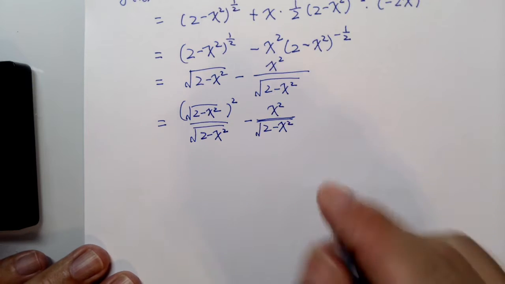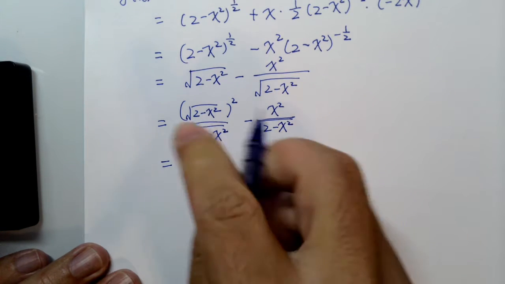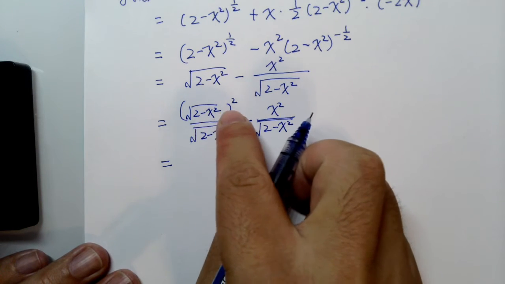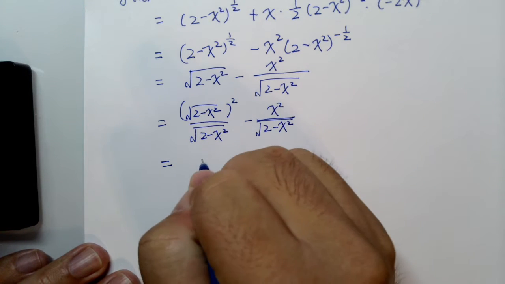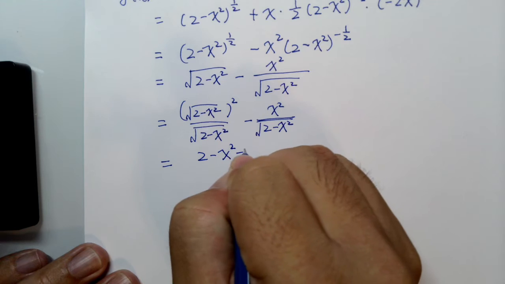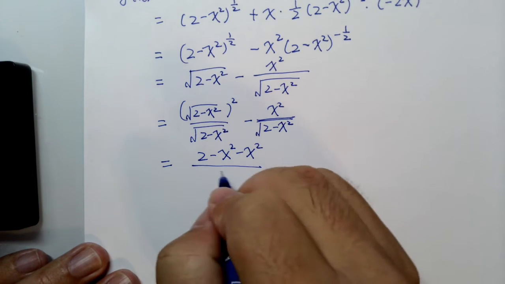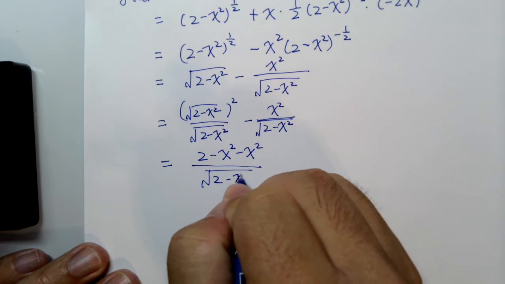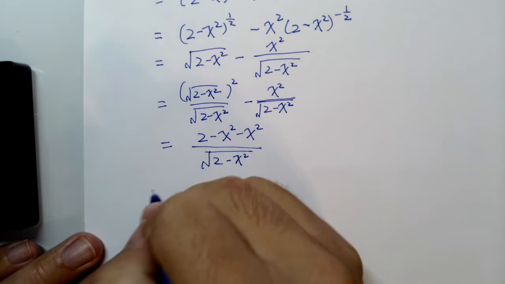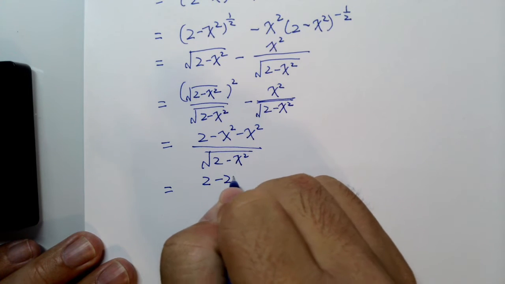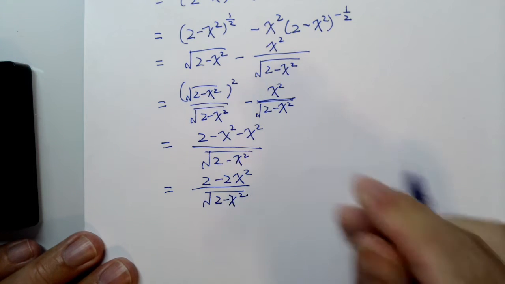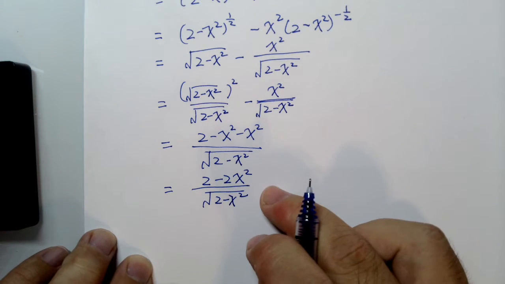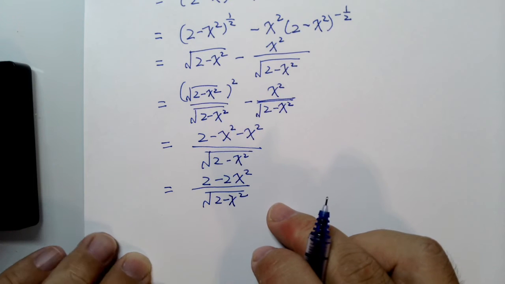So for our first one, if you square that, that gives us 2 minus x squared, and then minus x squared. So it's 2 minus x squared over the square root of 2 minus x squared. So in the very end, that gives you 2 minus 2x squared over the square root of 2 minus x squared. Okay, so that is the derivative of the function g of x.